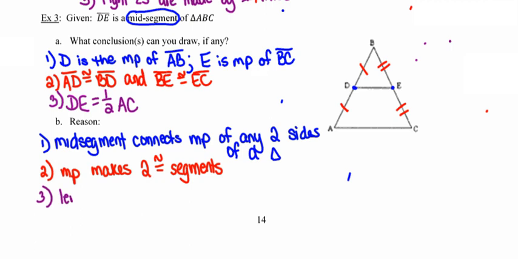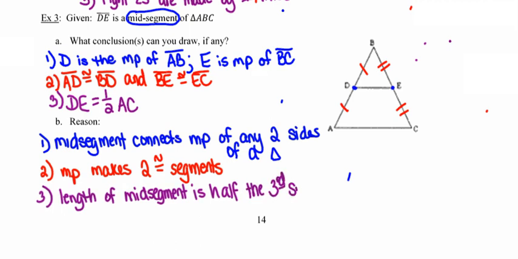And that's because the length of the midsegment is half the third side of the triangle. Another way of saying that might be to say that the length of AC is double the length of DE.